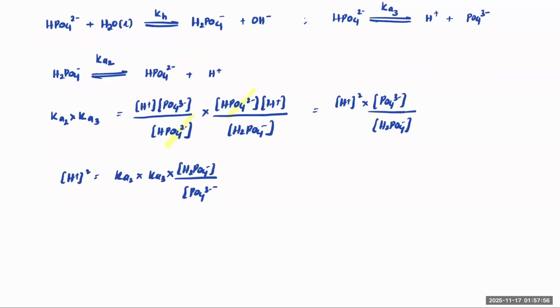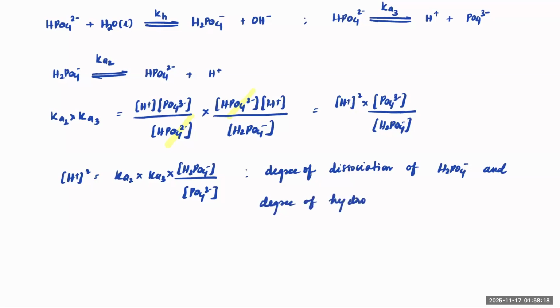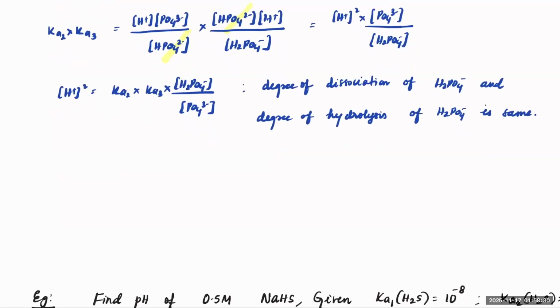And again, this is the same assumption, that is degree of dissociation of H2PO4 minus and degree of hydrolysis of H2PO4 minus is same. Degree of dissociation and degree of hydrolysis is same.